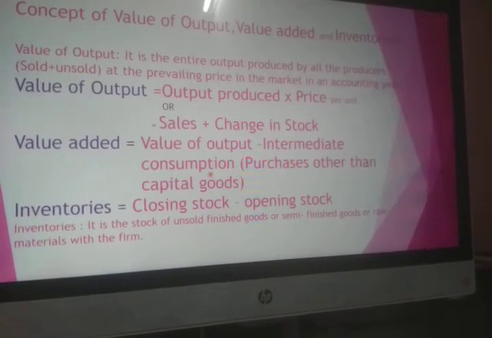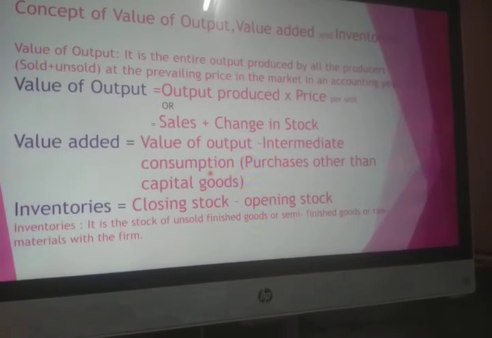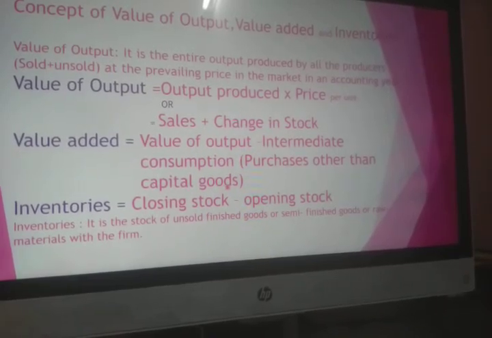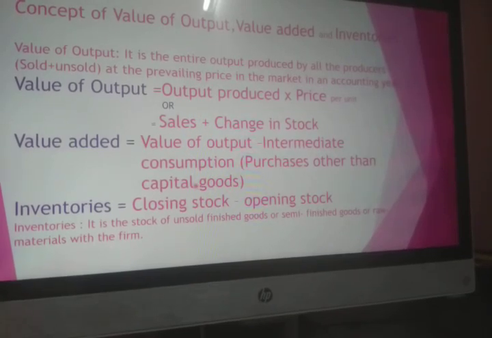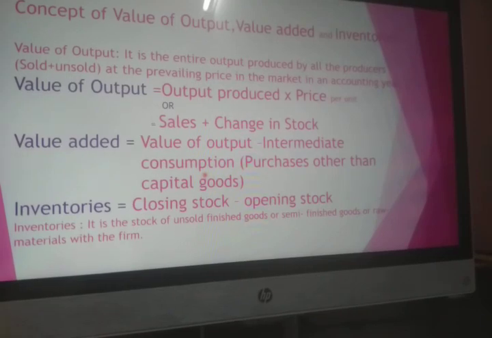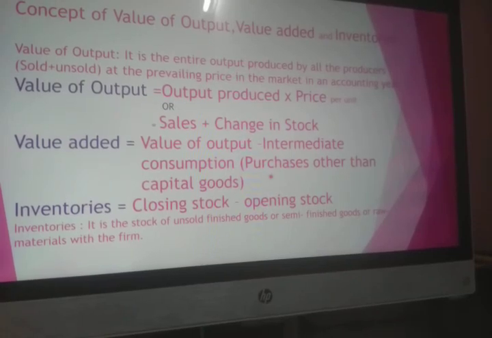Remember, these expenditures do not include the expenditure incurred on purchase of capital goods, because that becomes the asset, or you can say that is capital formation, and that is not to be considered here in the case of intermediate consumption.